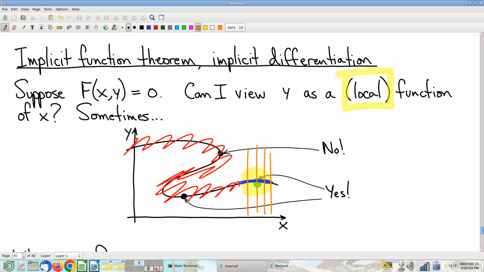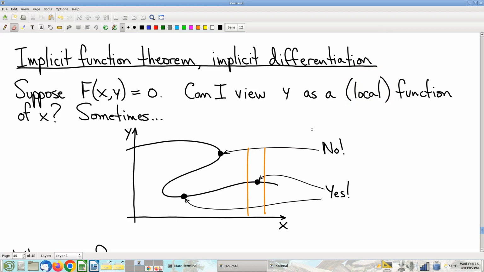So locally, yes, I can view y as a function of x. Is everybody good? Now, algebraically, can I solve for y? Oh, I have no idea. That's a separate question. That's not what we're talking about. I just want to know, is there any hope for being able to view y locally as a function of x? All right, now let's do the same thing at this point here.